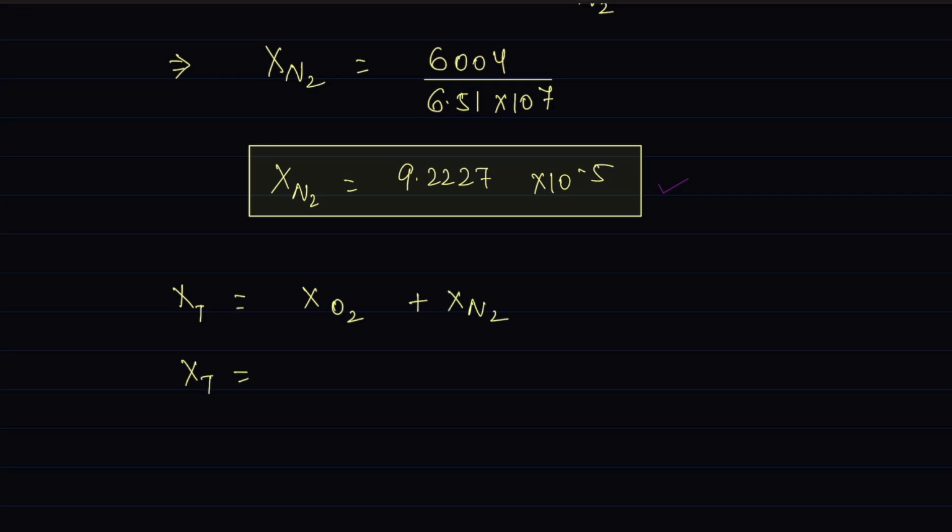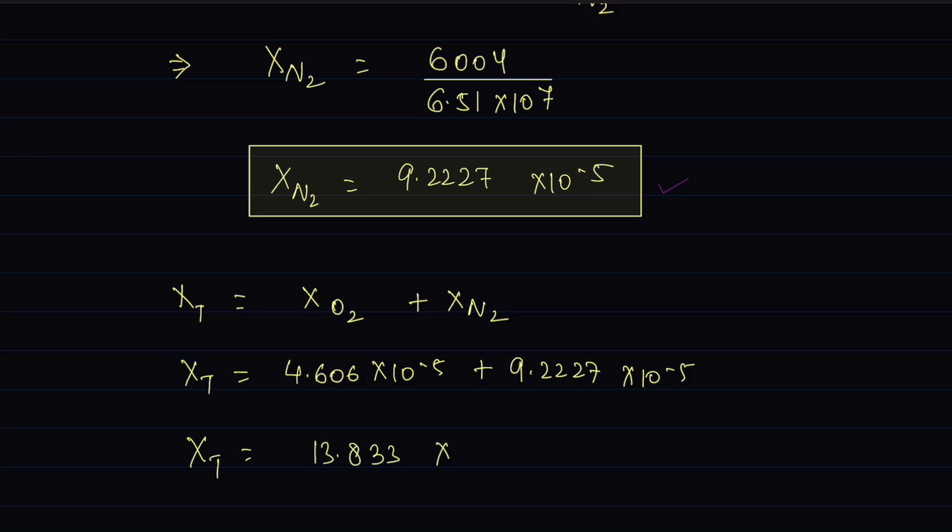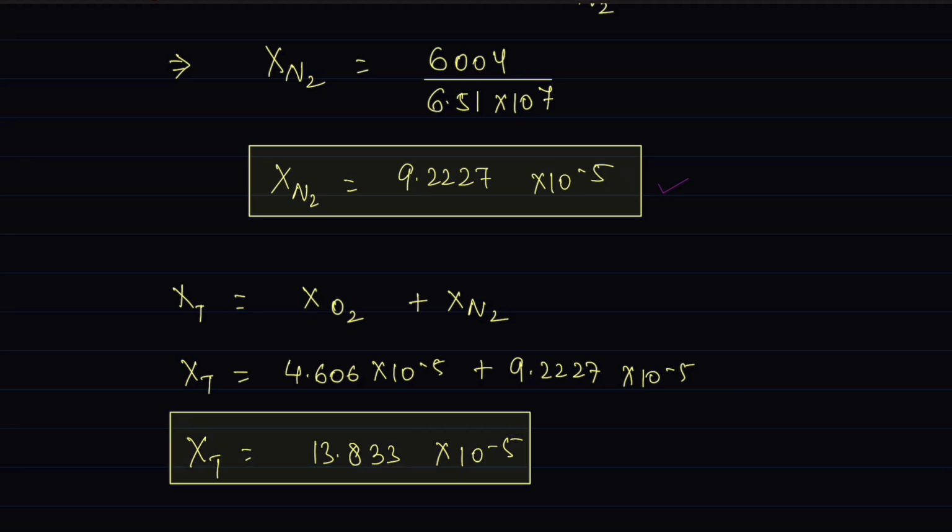So xt is equal to 4.606 into 10 to the power minus 5 plus 9.2227 into 10 to the power minus 5. So total mole fraction is equal to 13.833 into 10 to the power minus 5. So we got the total mole fraction.